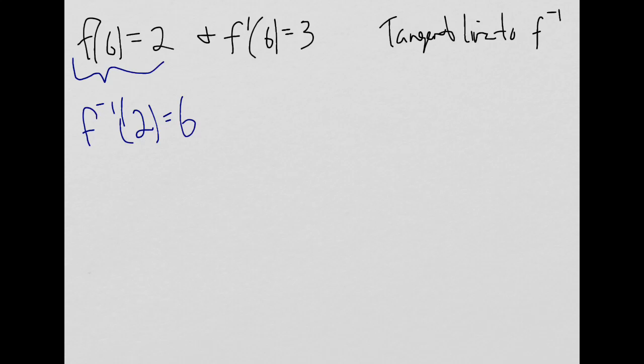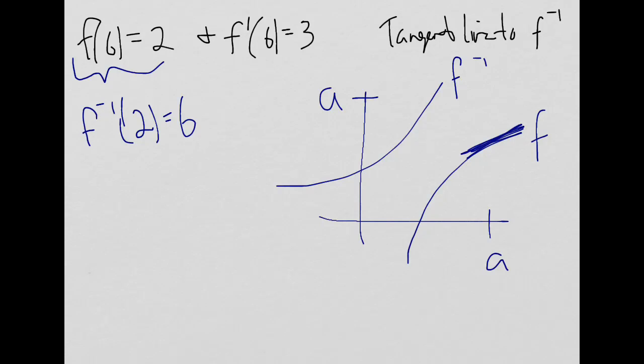Now, the other thing that we're going to use, I'm going to draw a little picture. So this little picture right here, you could think maybe these are exponential and logarithmic graphs. But anyway, if this right graph is f, and this left graph is f inverse, then this is my b value, right?